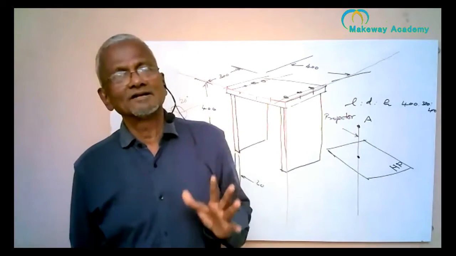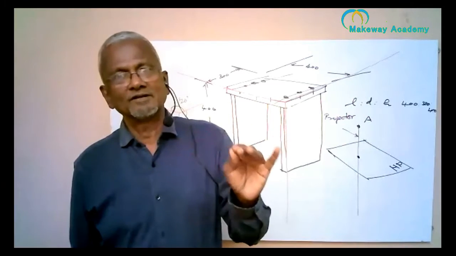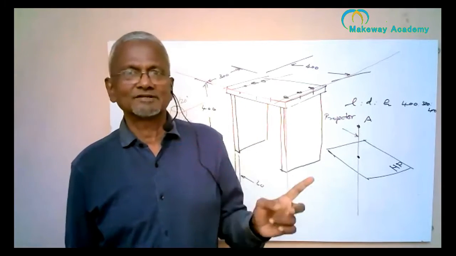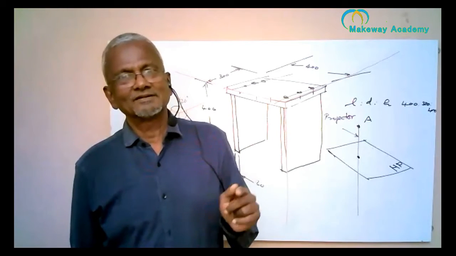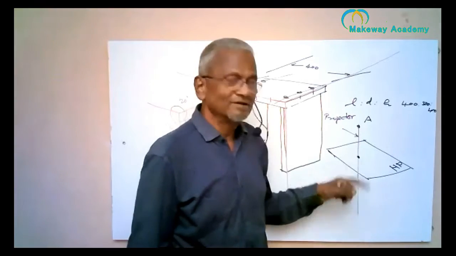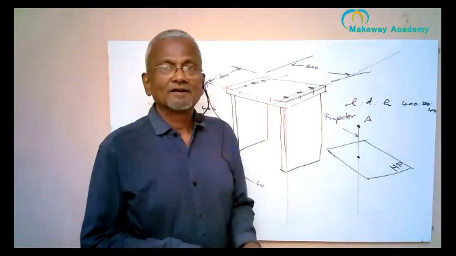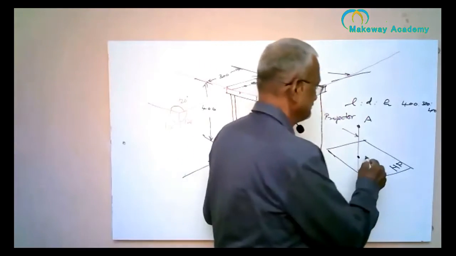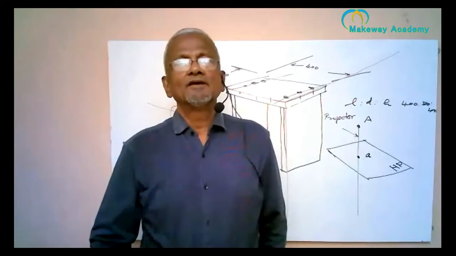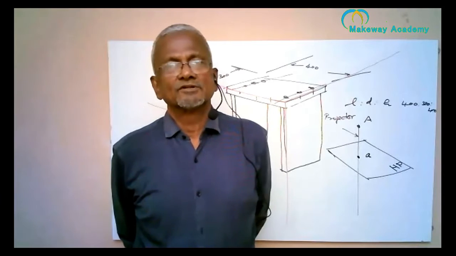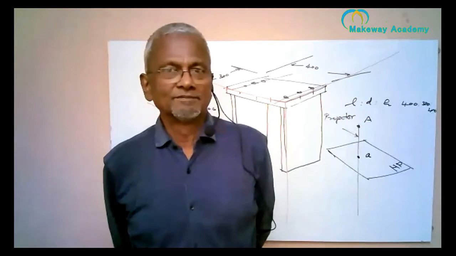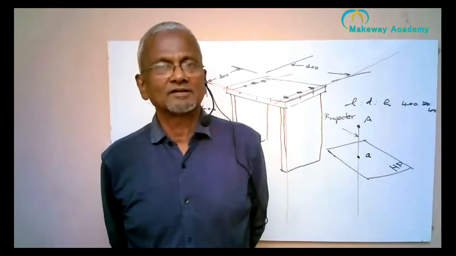A perpendicular line is drawn from the point A to the plane. That perpendicular line is called the projector. The projector intersects the plane. This is the point of intersection. I call that point small a. So small a is the projection of capital A.